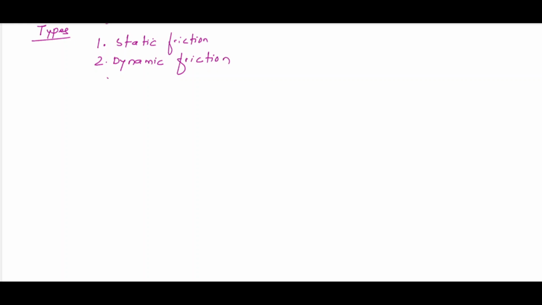Under this category, we have sliding friction, rolling friction, pivot friction.